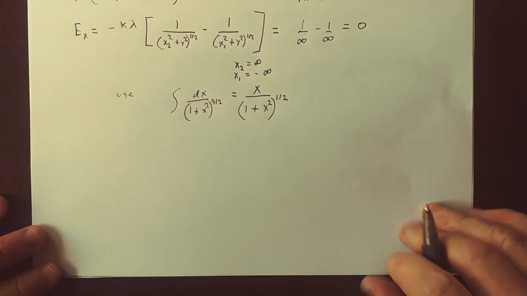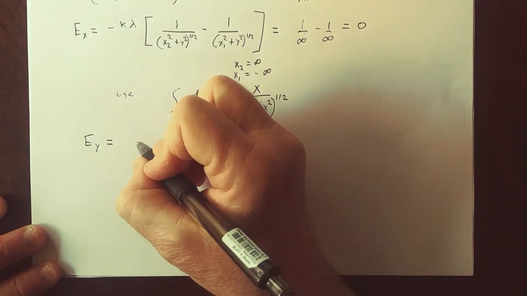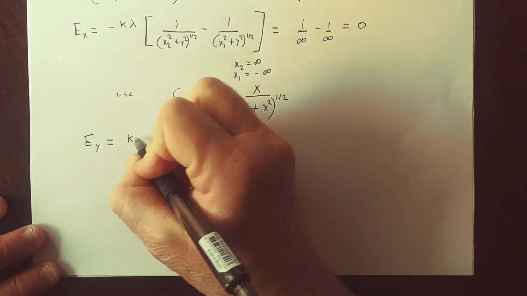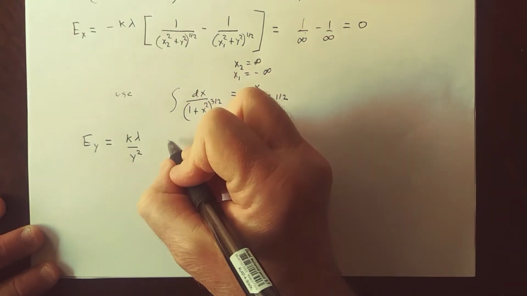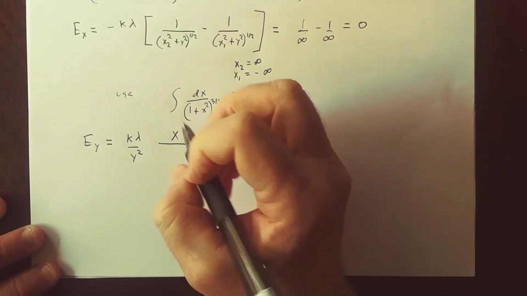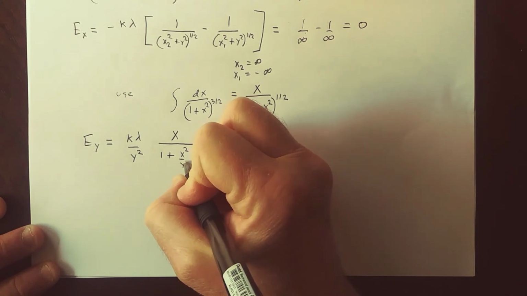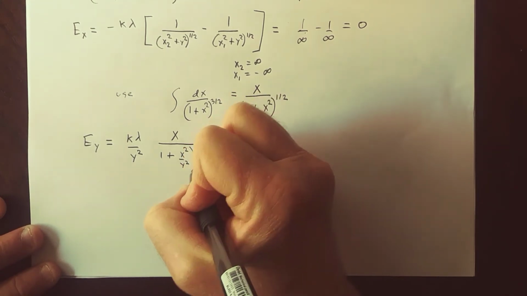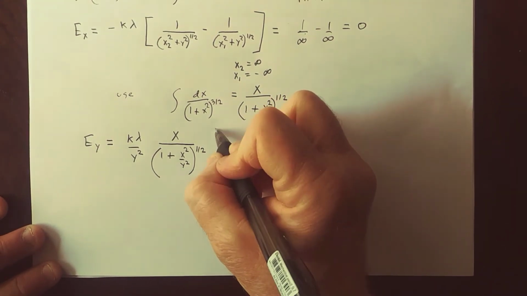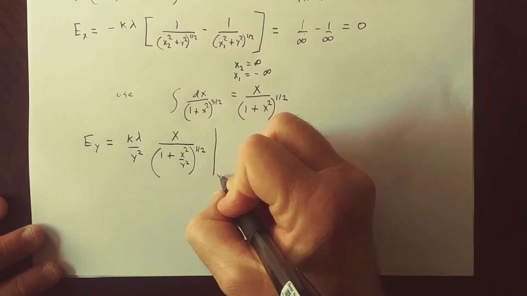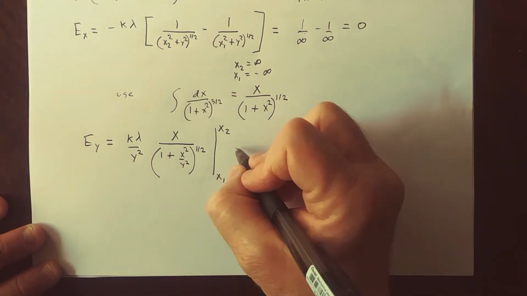Our y component, Ey, ends up being k times lambda, we get y squared, and we get x over 1 plus x squared over y squared to the 1/2. And this gets evaluated from x1 to x2, where one is minus infinity and the other one is plus infinity.